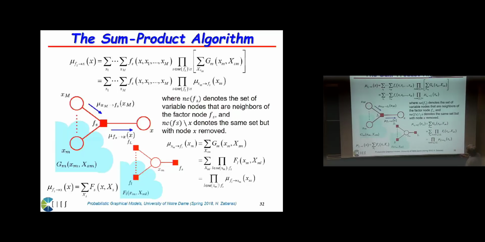The relation that you see on the top is the message a factor node sends to any node X. Very easy. Take the factor function, all the messages arriving to the factor from its neighbor nodes except this little x, and integrate all the variables out but little x. And then similarly, if you want a message that a node sends to a factor, take all of its neighbor factors, compute the message they send to it, and basically that will be the message you can propagate to Fs.